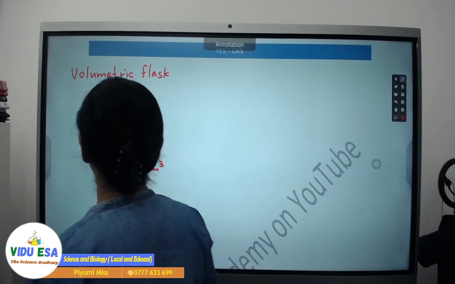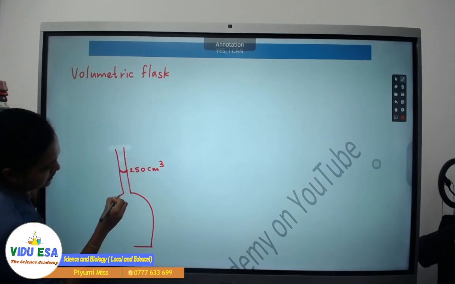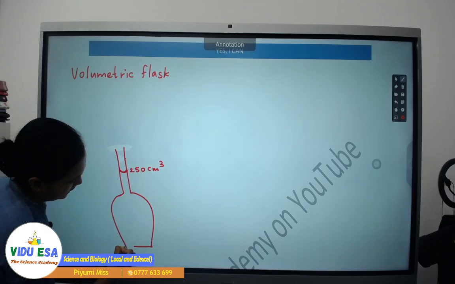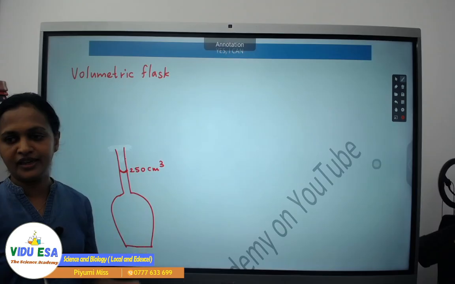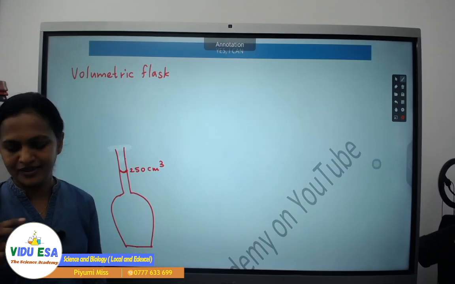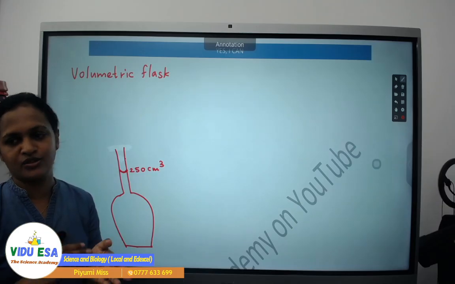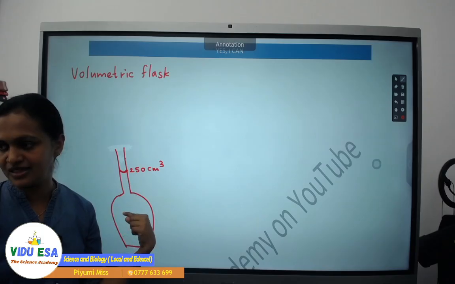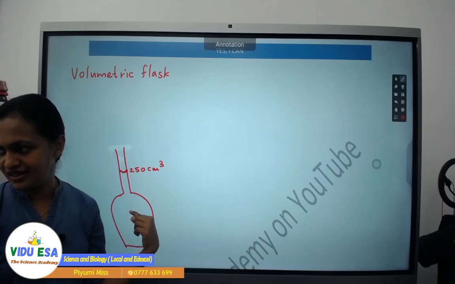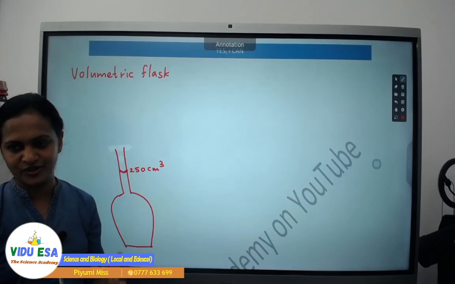Once again, a clean, dry glass funnel. Right? They should be clean. When I say clean, maybe some solution prepared earlier was left over. If it is in contact with the watch glass or maybe with the funnel, that is also added, and then the concentration varies. And we can't say then it is a sodium hydroxide solution of the required concentration.